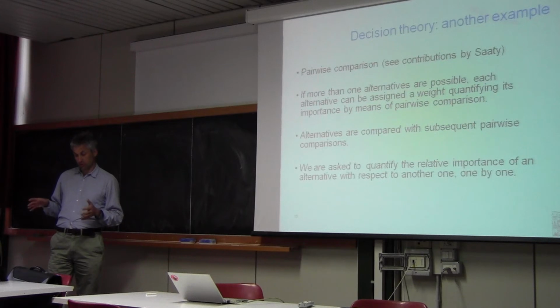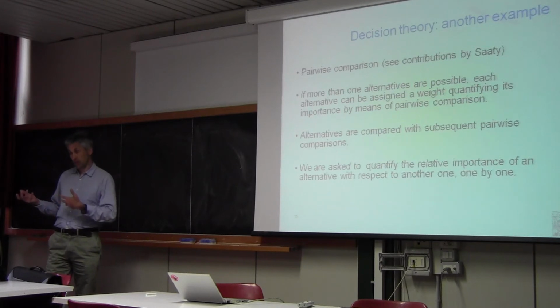And of course, the more water that you take, the more gross benefit you get from it. And then you have some costs. So one criterion is, for sure, in water withdrawal, the economic benefit, the net benefit.